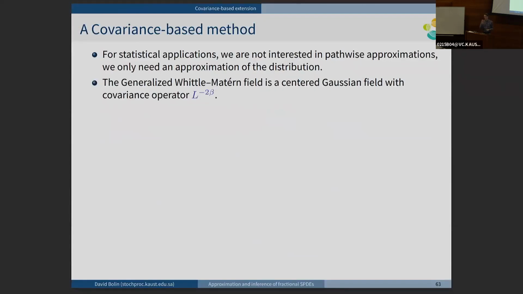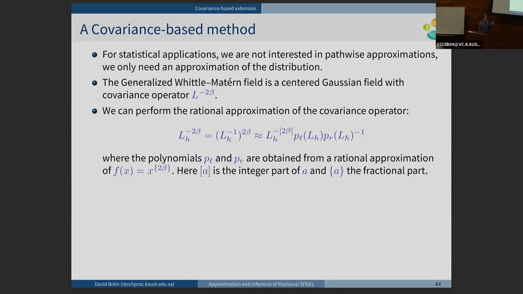So because of that, instead of trying to approximate the solution U explicitly, you might want to simply approximate the covariance of the solution. So what we can do is exactly the same type of rational approximation, but instead of doing it for the differential operator, we do it for the covariance operator, which is then L to the power of -2 beta.